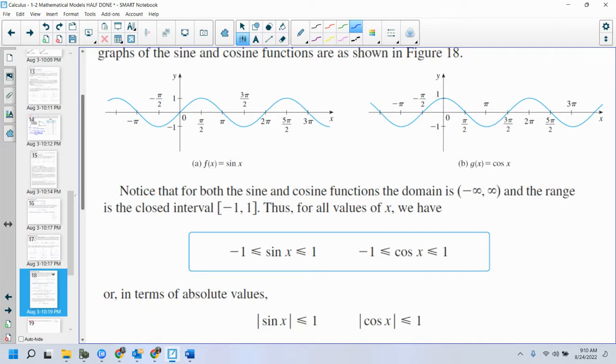I know we can do things to make that amplitude a little bit bigger and change the range. But for our purposes here, when just looking at the parent sine and cosine, the range is between -1 and +1. Now for tangent, that's different. Tangent is very different. It's its own kind of thing there.